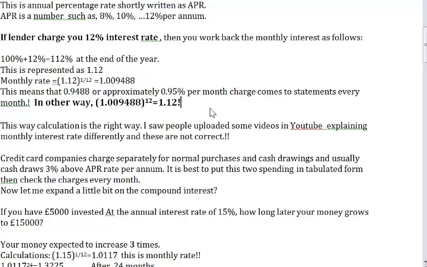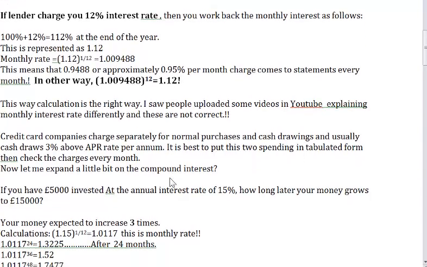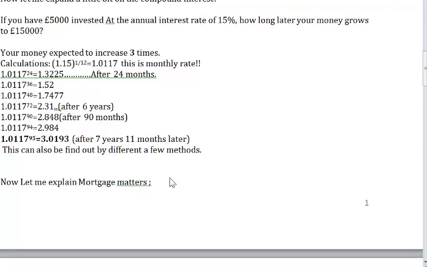It always fluctuates up and down. So just to show you a little bit more with an example, say you invested £5,000 at a 15% interest rate. You might think, I invested 5,000, I want to make it £15,000, they give me good interest.